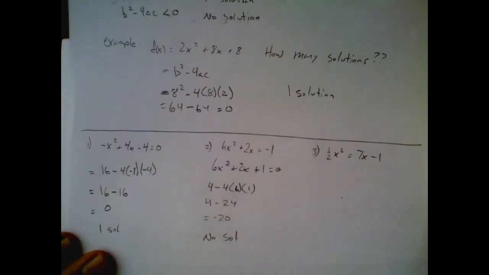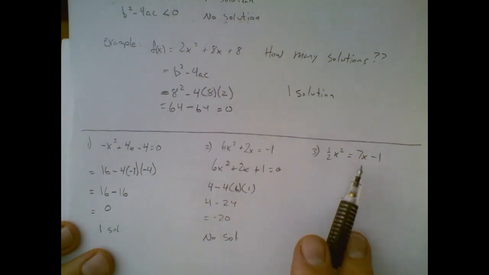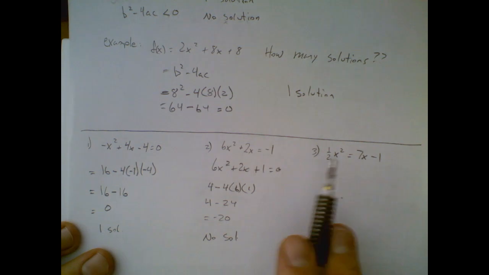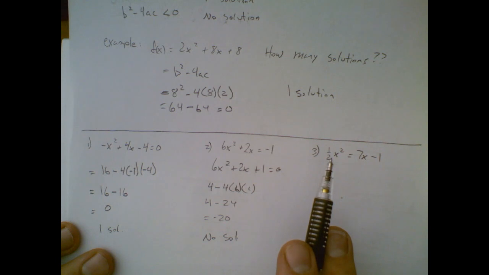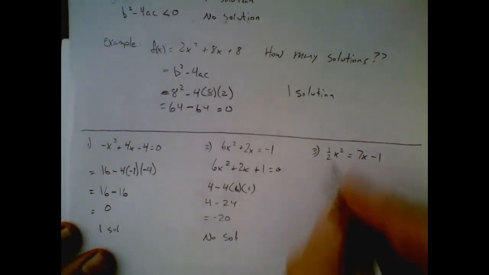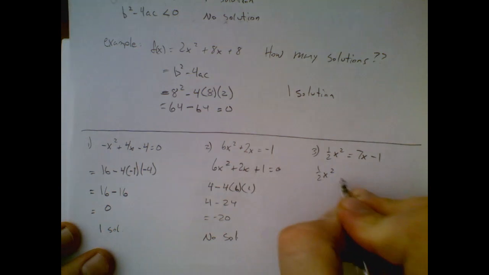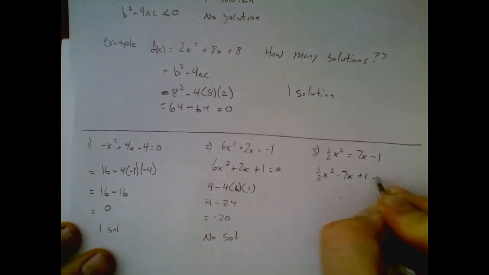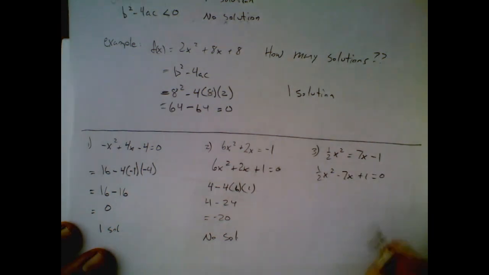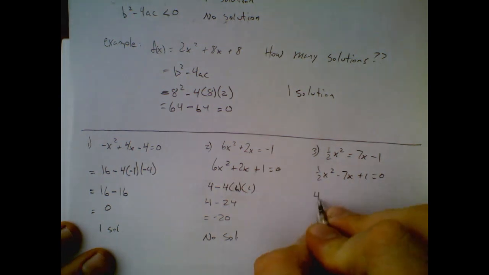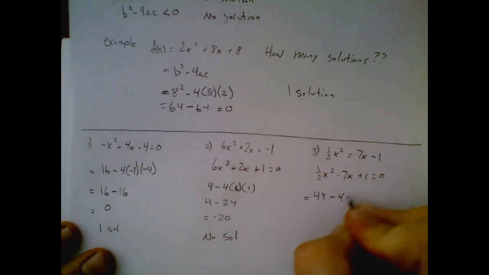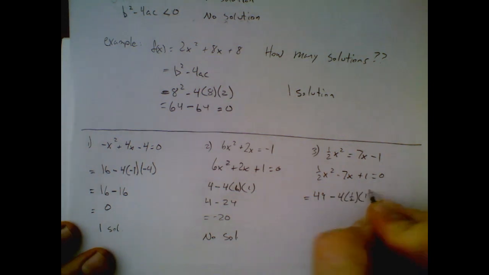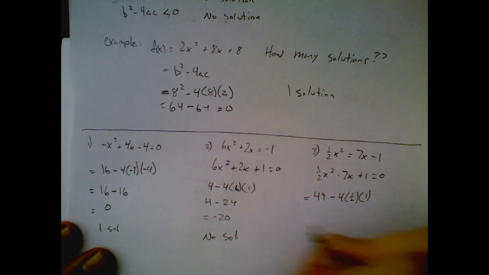And then the last one, similar idea. We have to get it equal to 0 first. I can subtract 1/2 x squared, or I could subtract the 7x and add the 1. Because I like a to be positive, I'm going to move the 7x and the 1. So 1/2 x squared minus 7x plus 1 equals 0. So b squared is 49 minus 4 times 1/2 times 1, 4ac.